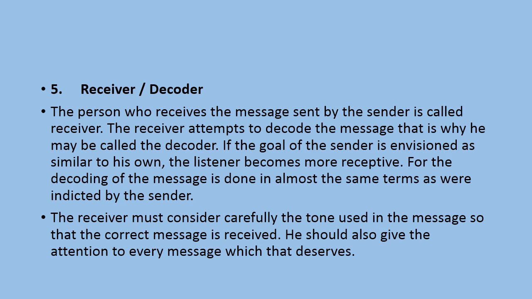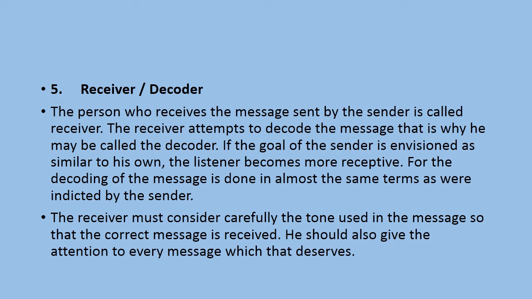In the process of communication, the fifth element is called receiver or decoder. It means the person who receives the message sent by the sender is called the receiver. He attempts to decode the message, that is why he may be called the decoder.